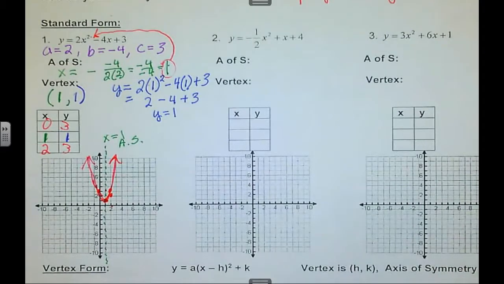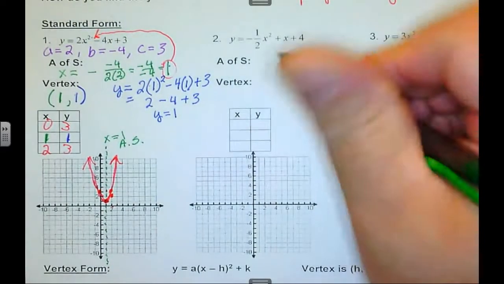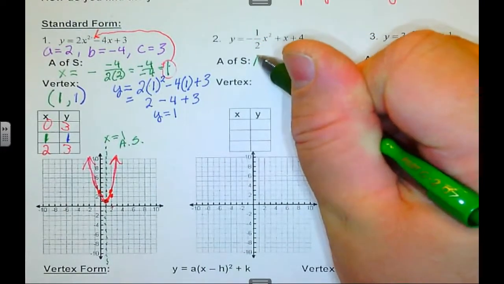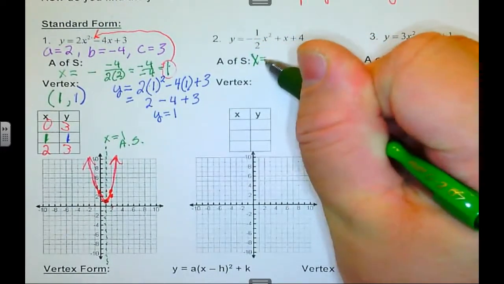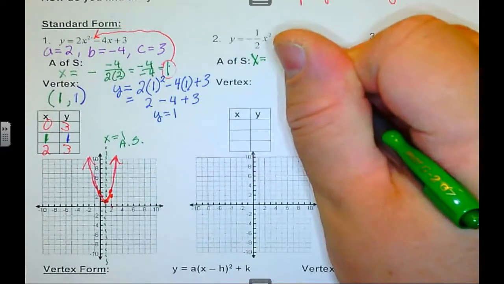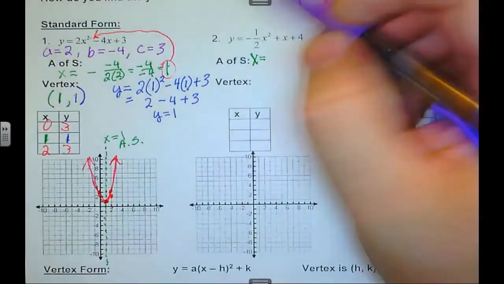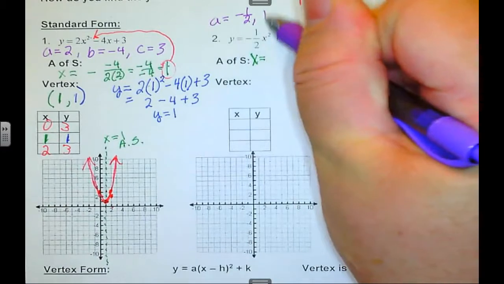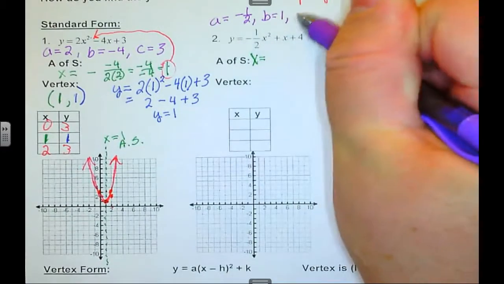We have to find our axis of symmetry, so my x value is going to be -b. So my b is 1. Here, let's write our a. Our b is 1, and my c is 4.